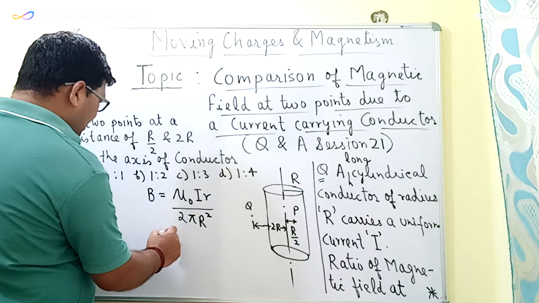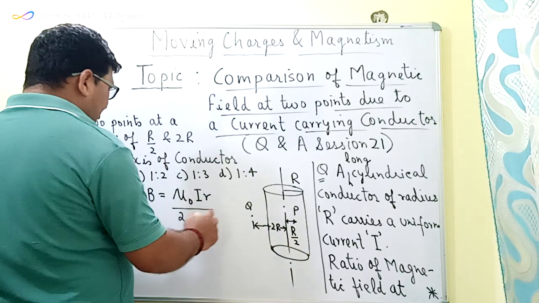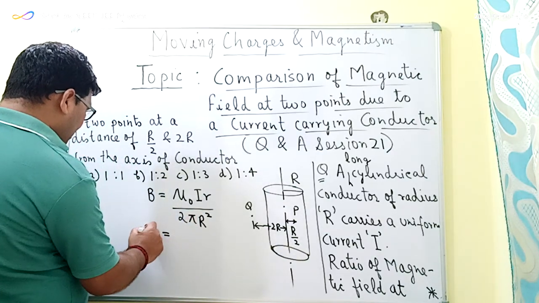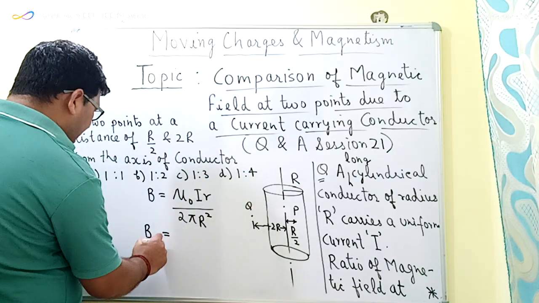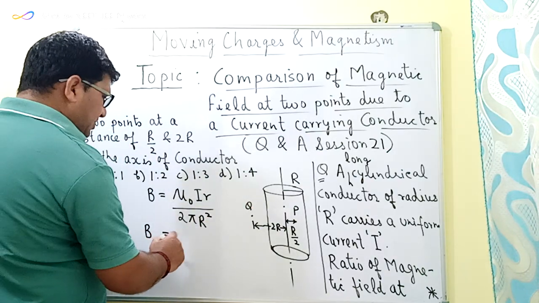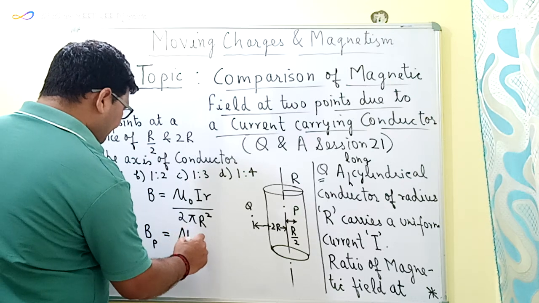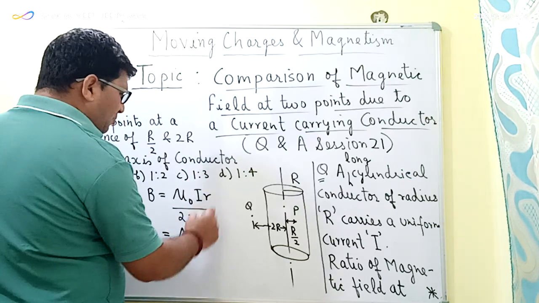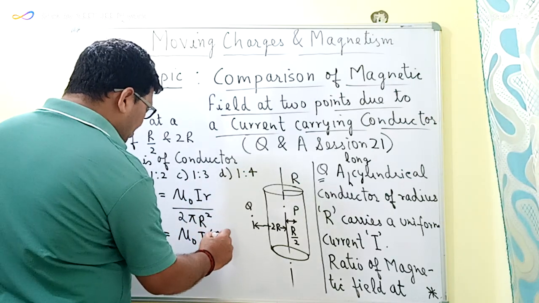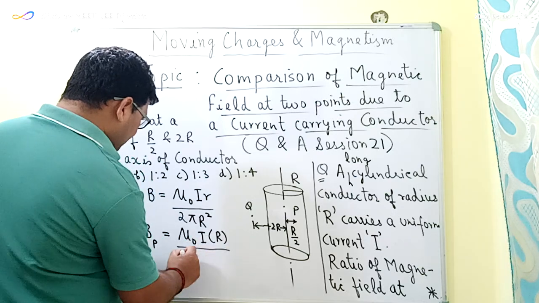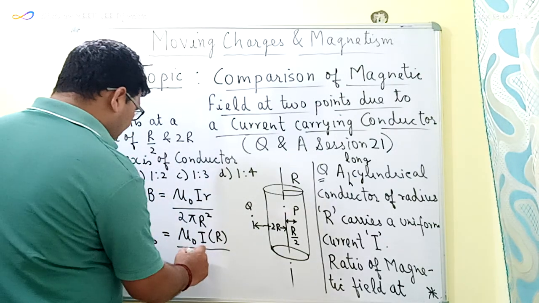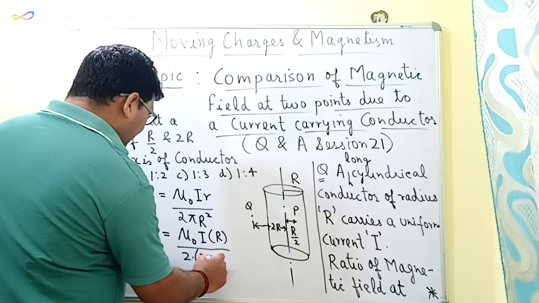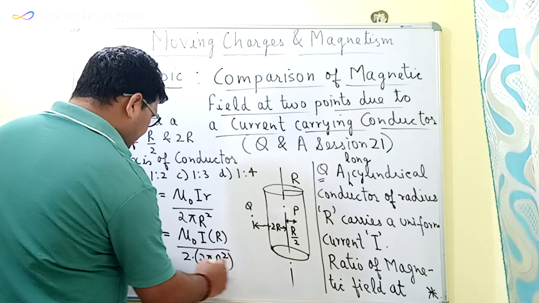So from this equation, the magnetic field at this point P, I am just denoting it as BP, will be equal to mu naught I, and here small r will be replaced by r by 2, multiplied by 2 pi R square in the denominator.